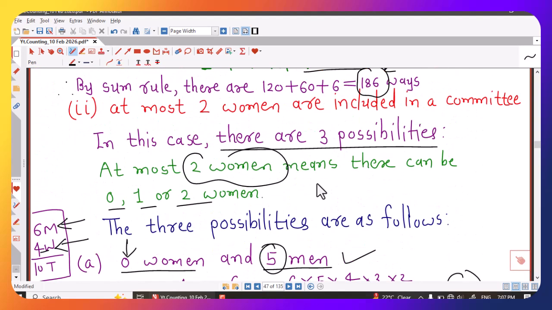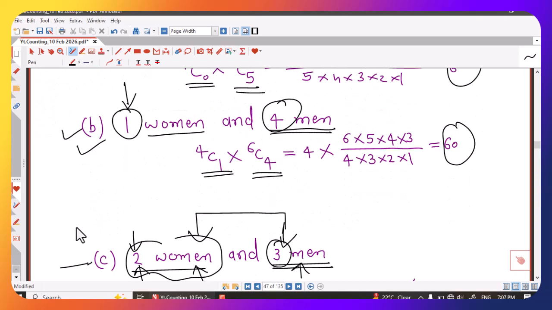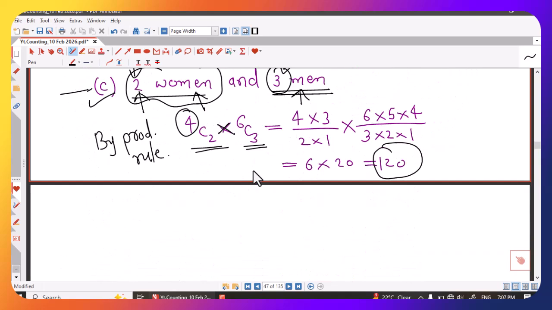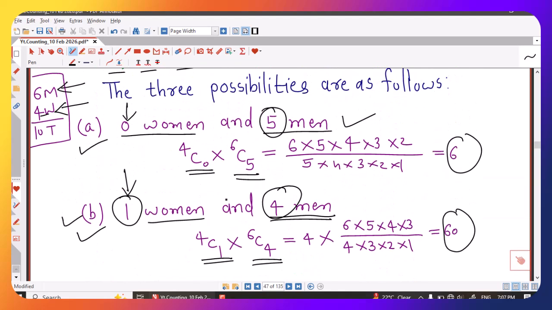Now to perform this main task, that at most 2 women are there in a committee, that task can be done if we perform task A or task B or task C, and no 2 tasks out of these 3 tasks can be done at the same time. So we have to add all these possibilities by the sum rule for counting.